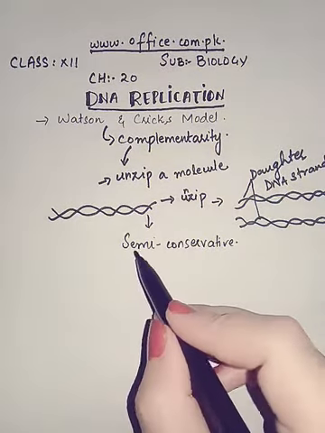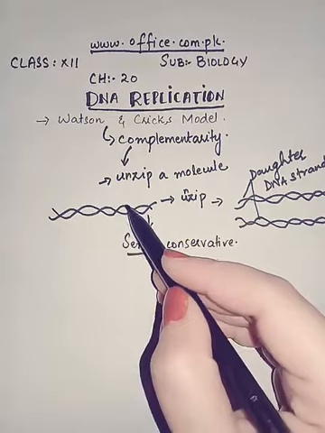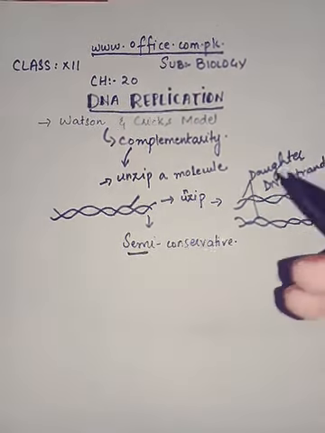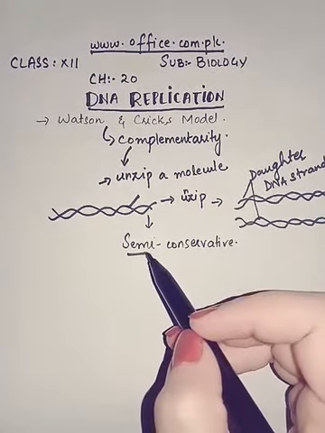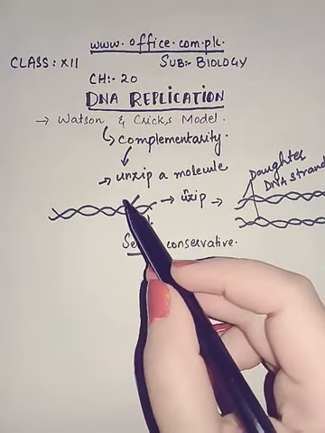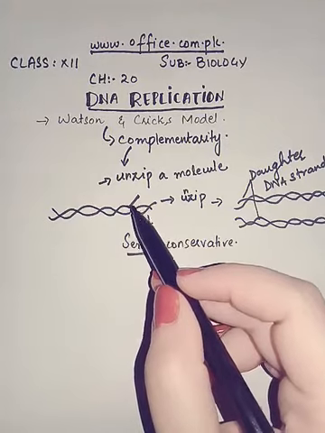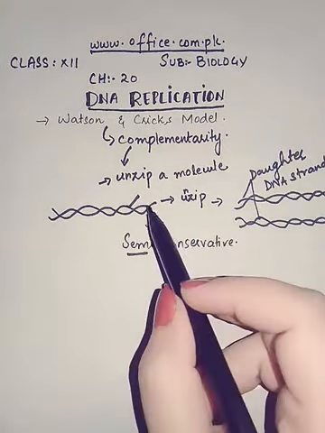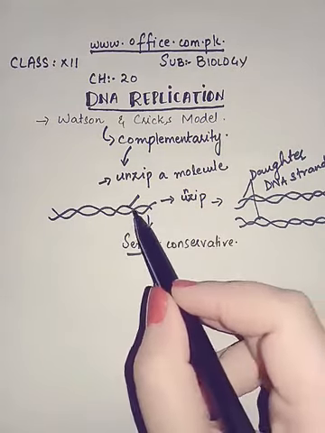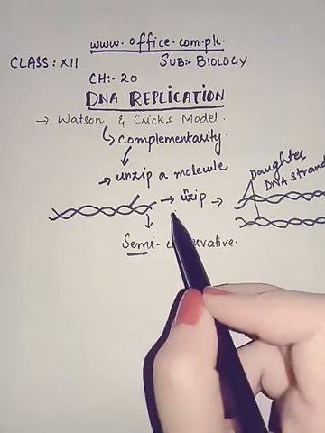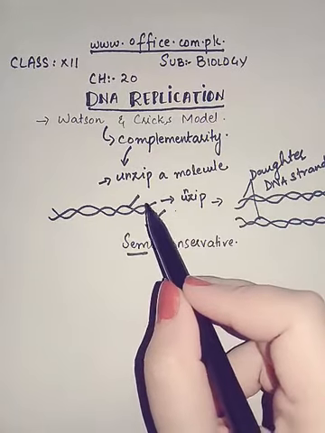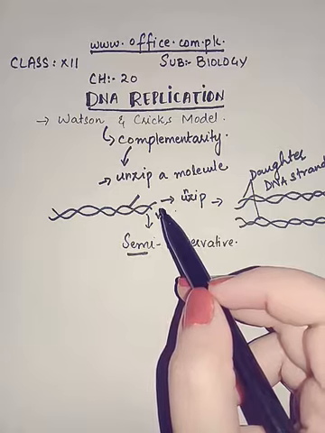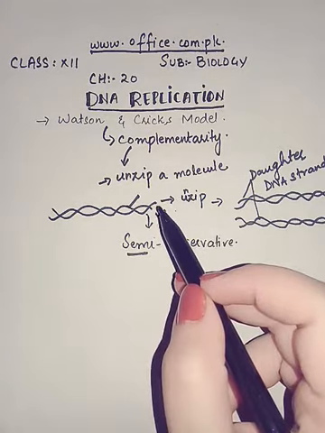So semi-conservative means that one strand is kept the same or conserved, and the word semi is used because half is conserved and half is lost, and conserved means the sequence is conserved. At the end we will have two exact copies of the parent DNA, so the sequence will be conserved, but the strands are not conserved, they will be separated.